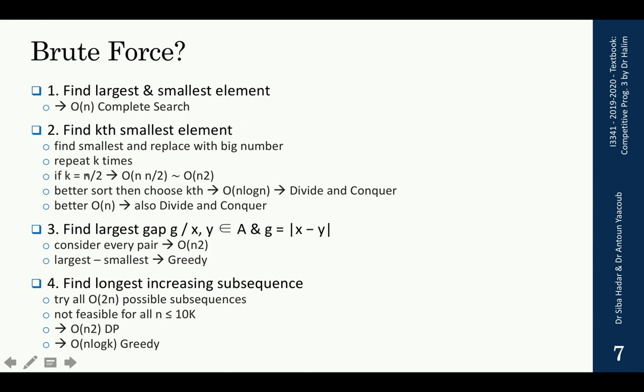But this solution is a little bit complex, because for example, for k equal n over 2, you reach order of n to the power 2. A better way is to sort and then choose the k-th. So one would say, why not sort the elements using an efficient algorithm and then directly take the k-th element in this sorted array?